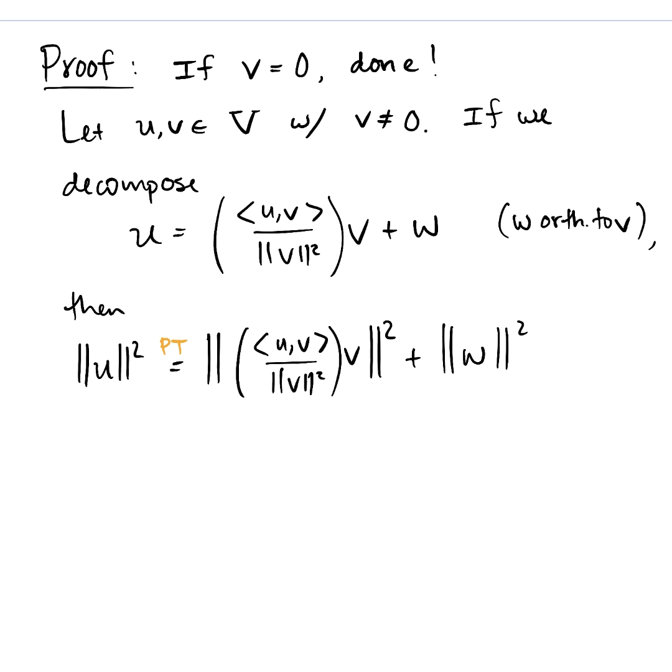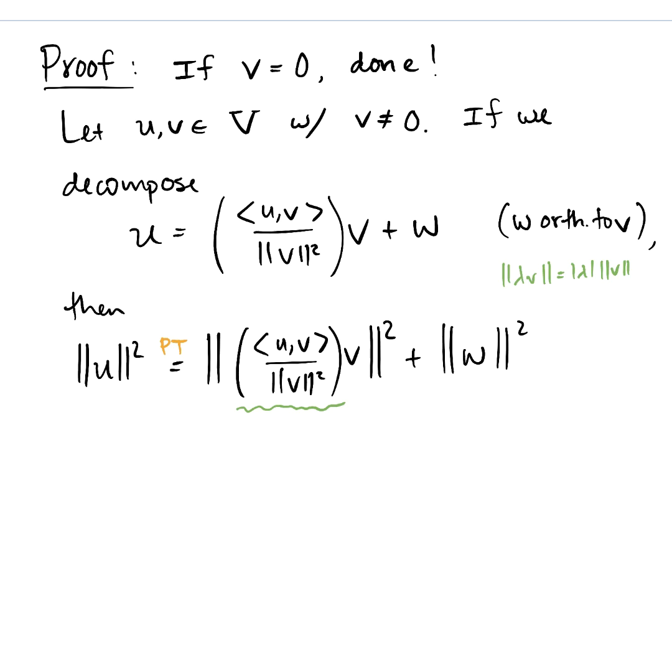Okay, let's keep going and see what this is actually telling us. Key thing, look at this expression. The stuff in the parentheses is a scalar. That's just some number. And we know that in general, the norm of lambda times v is the absolute value of lambda times the norm of v. Kendall pointed that out in yesterday's class discussion. You can factor scalars out of the norm.